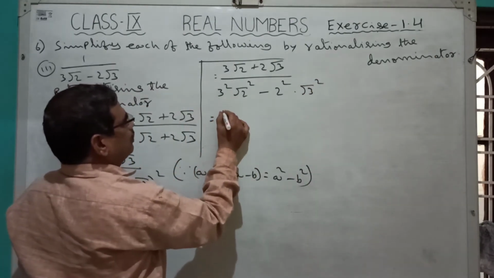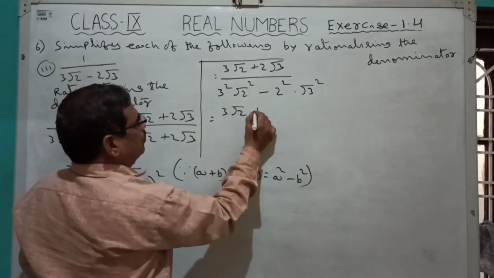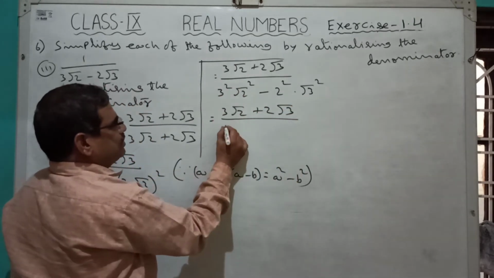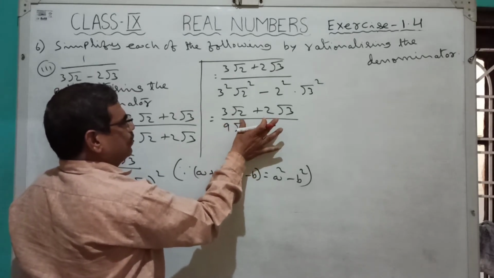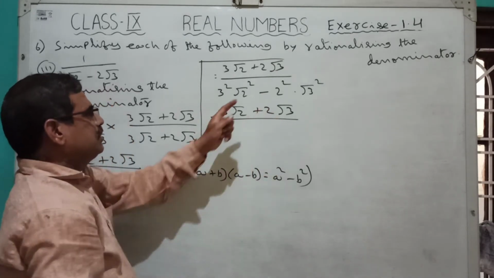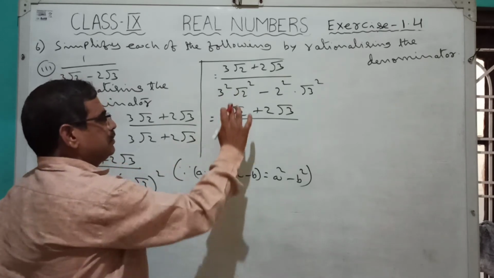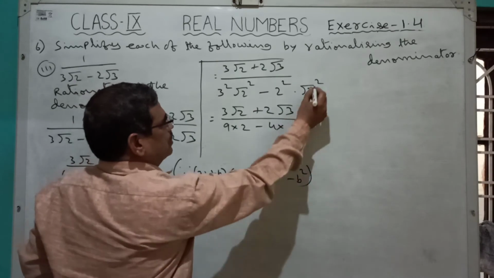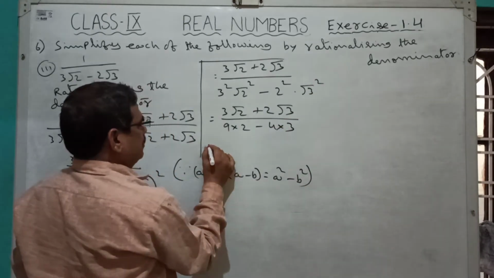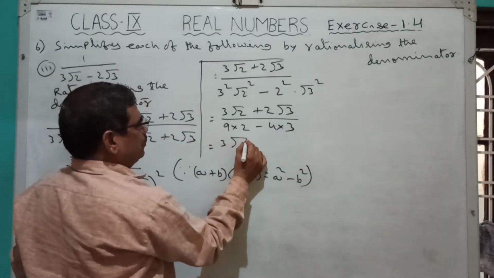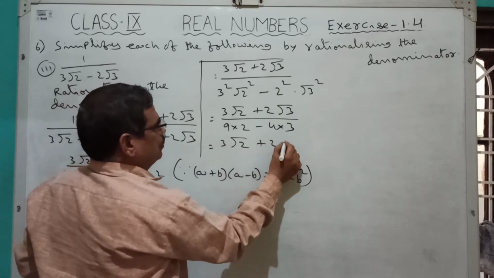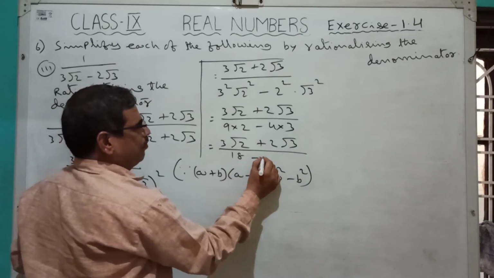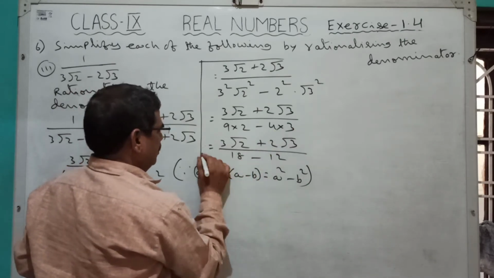So next step, 3 root 2 plus 2 root 3 by 3 square means 9, root 2 square, the square root will get cancelled, so into 2, minus 2 square means 4, root 3 square, the square root will get cancelled, 3. So 3 root 2 plus 2 root 3 divided by 9 2s are 18 minus 4 3s are 12.